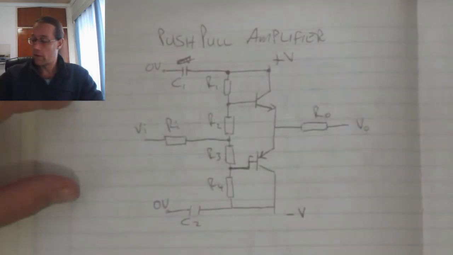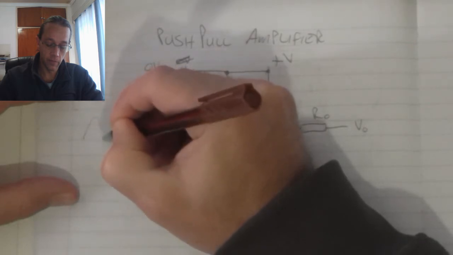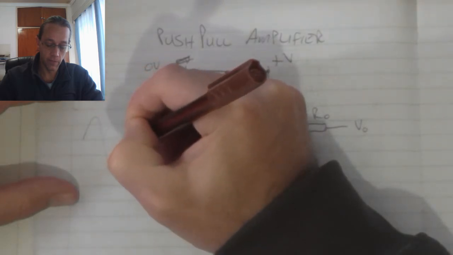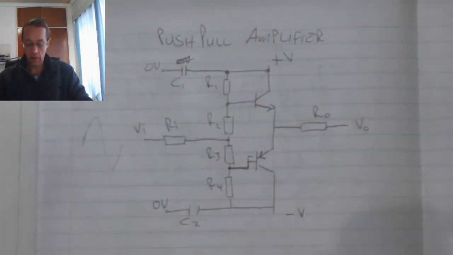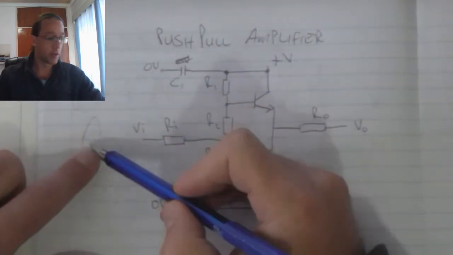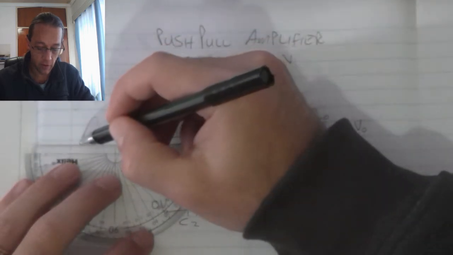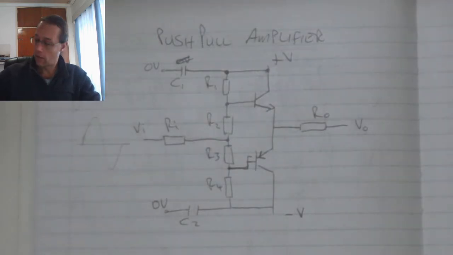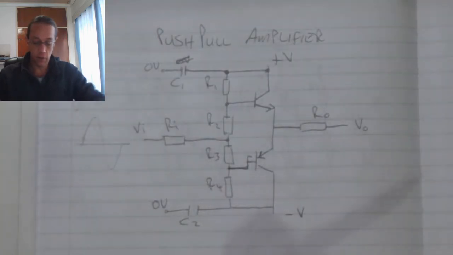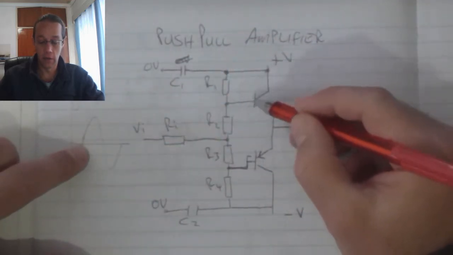Now, the result is such that when I connect a sine wave on my input, as my input voltage increases above my 0-volt reference, the biasing that occurs will turn this transistor more on.